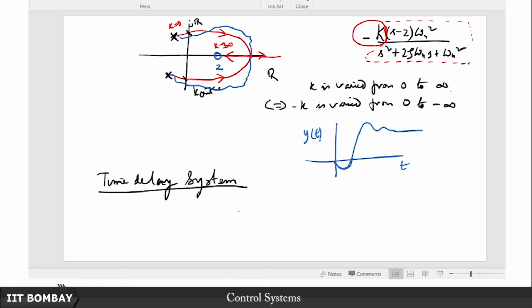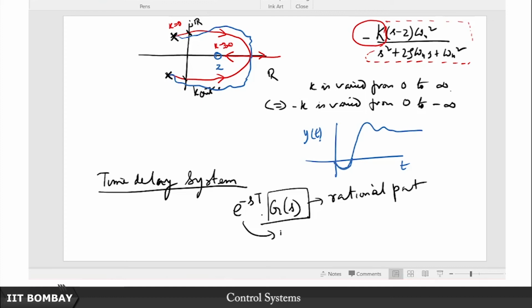Typically a time delay system would have something like e to the minus sT times some G(s). Obviously this part G(s) is the rational part, the ratio of two polynomials, but the exponential part is not rational. So it seems like the root locus technique cannot be applied here. That is not quite true.